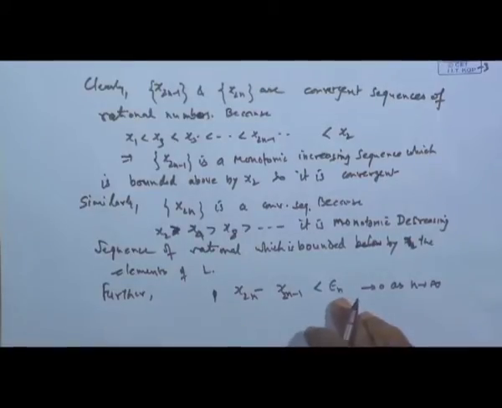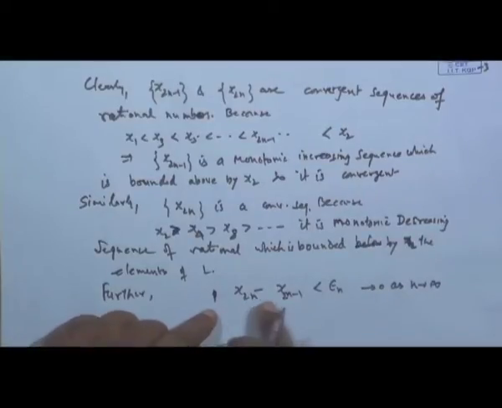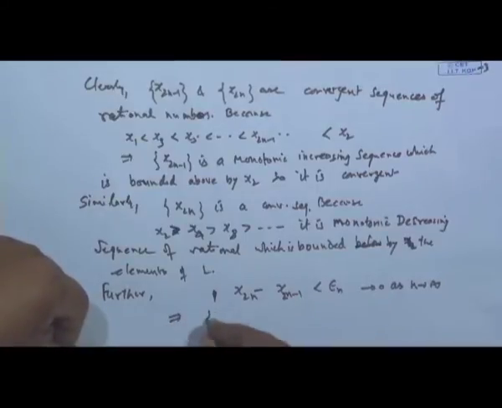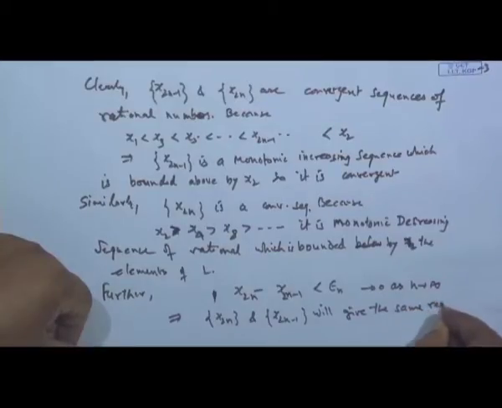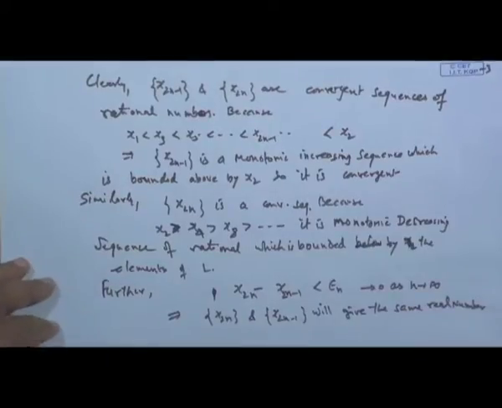Because epsilon n is a sequence converging to 0. So, it means these two sequences are identical. This implies that the sequence x 2 n and the sequence x 2 n minus 1 will give the same real number, say x.